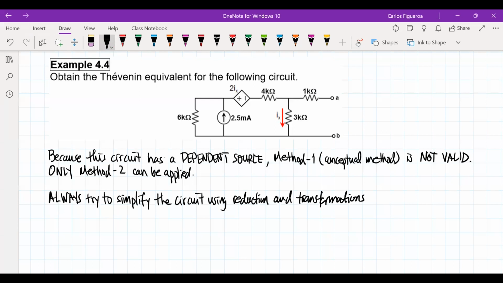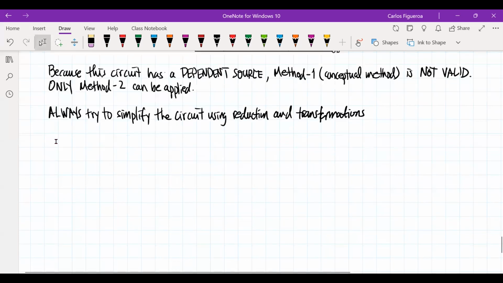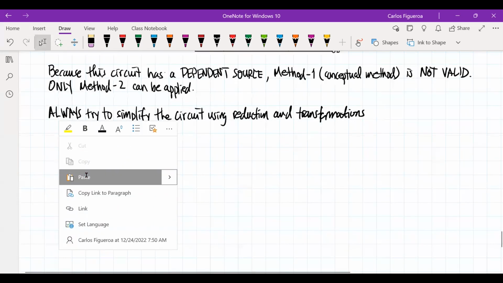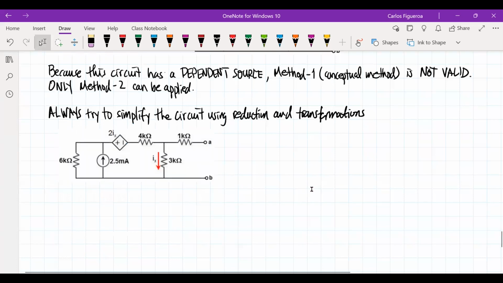So let's do that. So the first thing I see is that I could do a source transformation.